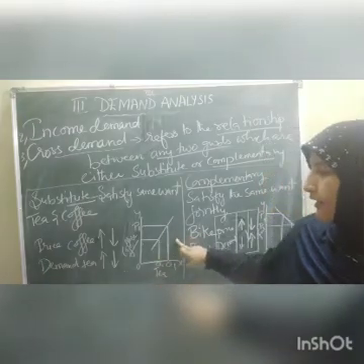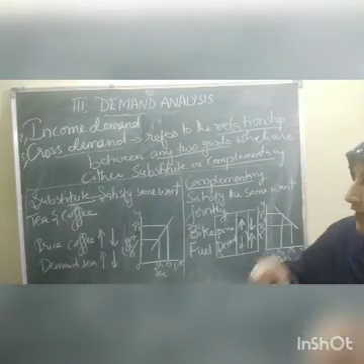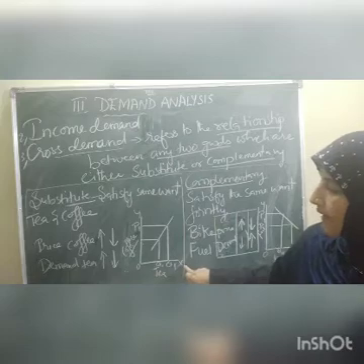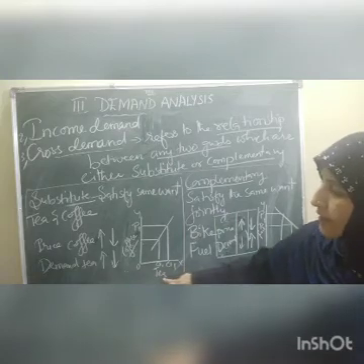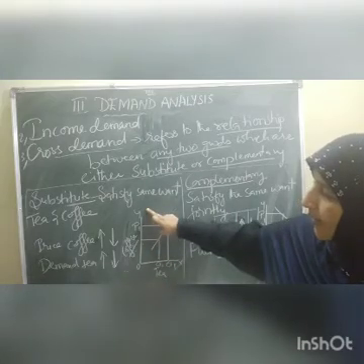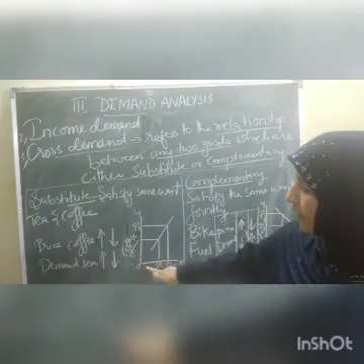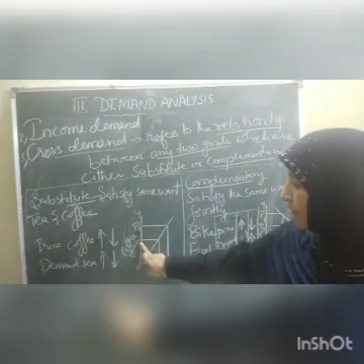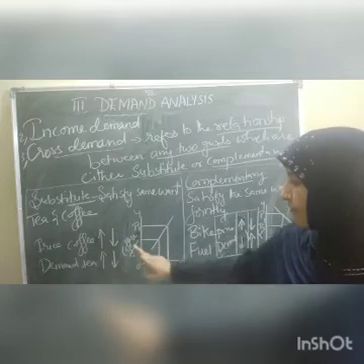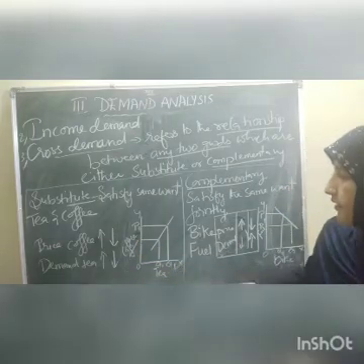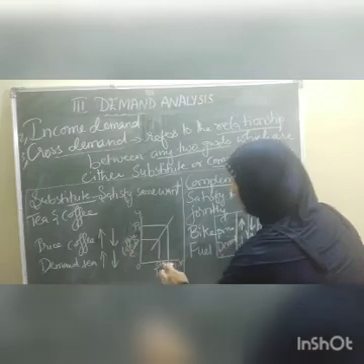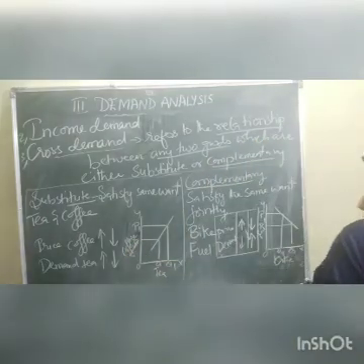In this graph, easily we can find that on the OX axis, the demand for tea is mentioned, and on the OY axis, the demand for coffee is mentioned. So what we find is that when the price of coffee is less, the demand for tea is also less.